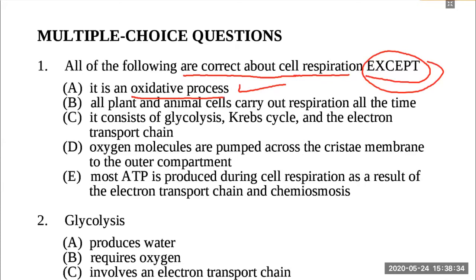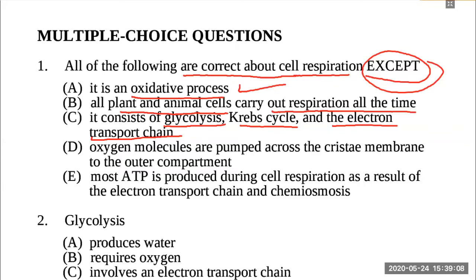We know that all plants and animals carry out respiration all the time, by day and night. It consists of glycolysis, Krebs cycle, and electron transport chain. We know that these are the three main steps of cellular respiration.